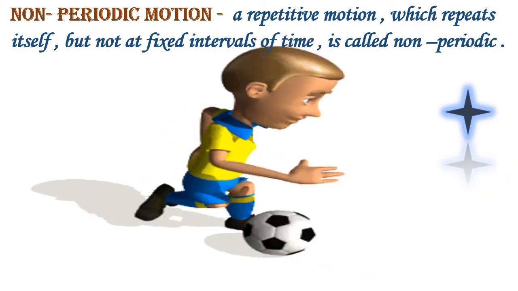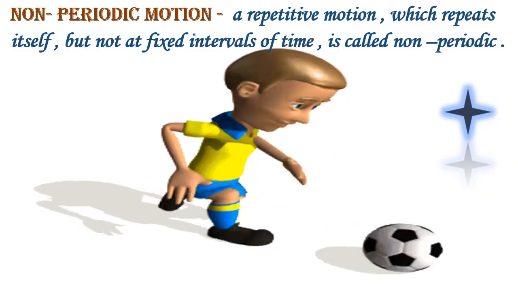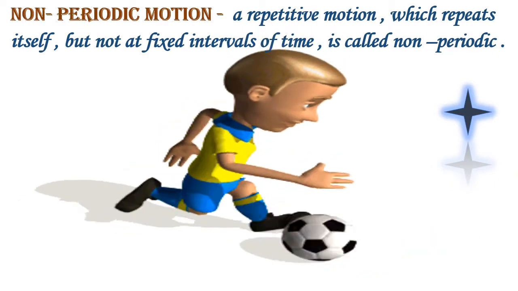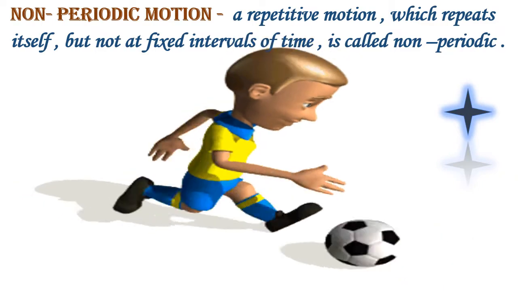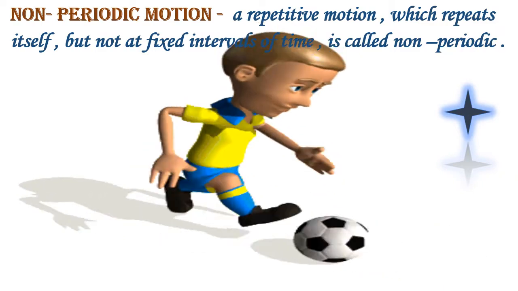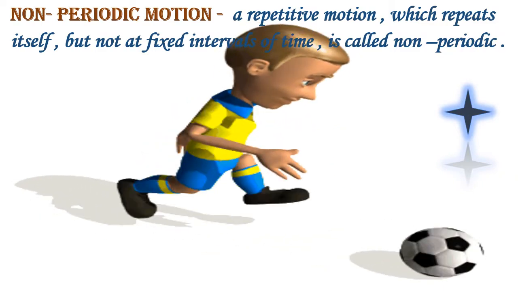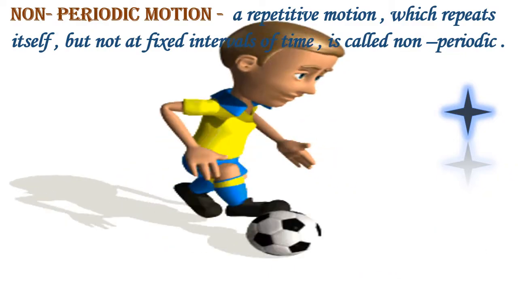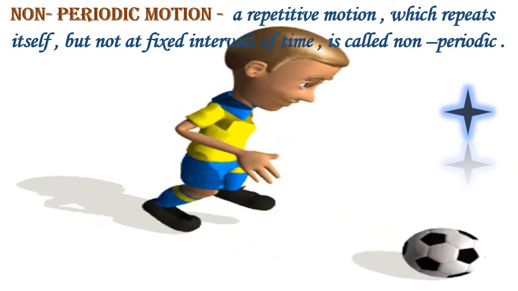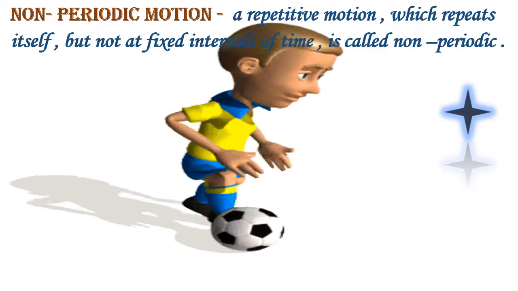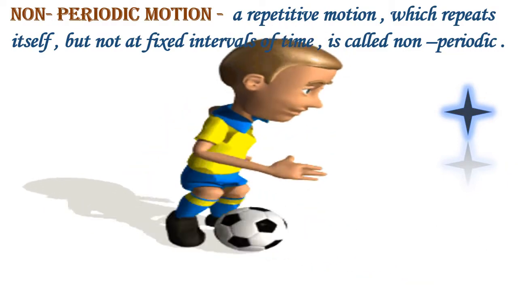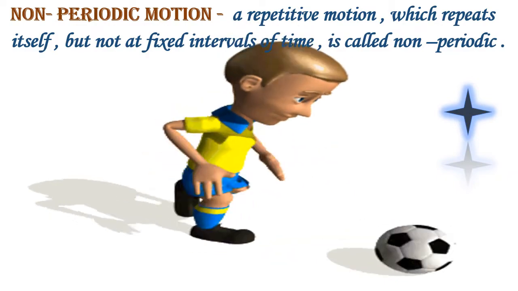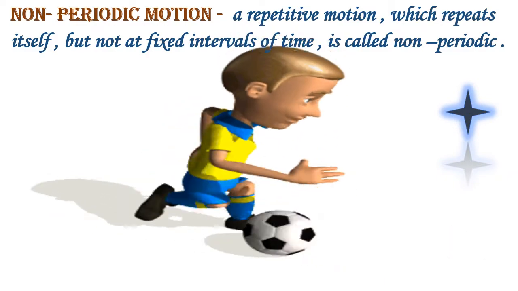The similarity between periodic and non-periodic is that in both cases the motion repeats itself. But the difference is that in non-periodic motion, the motion does not repeat at fixed intervals of time, whereas in periodic motion, the motion repeats after a certain interval of time.